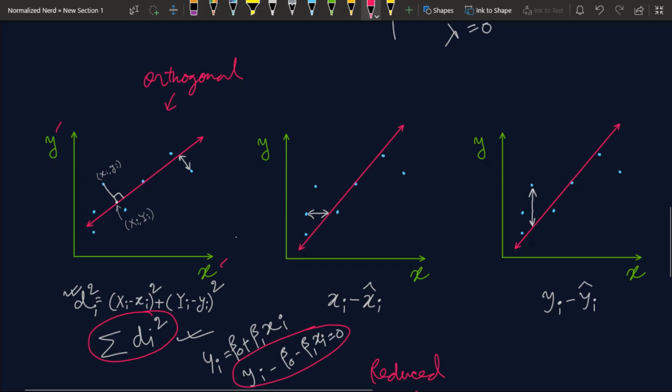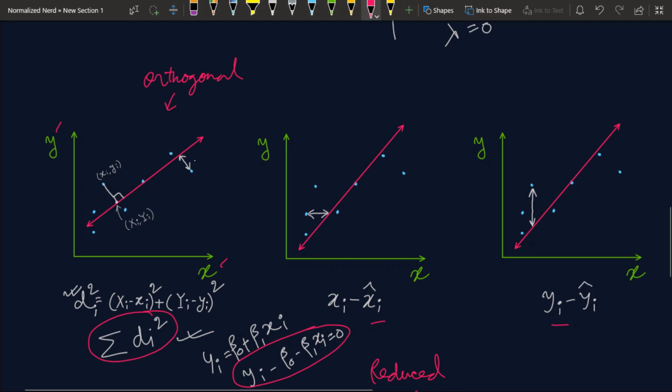And I would also like to mention one interesting difference between this orthogonal regression and our previous methods: in our previous methods, like Ridge, Lasso or OLS, if we would have considered y errors and x errors differently, then we would have got two different regression lines. That actually makes sense because in one case we are minimizing the y errors, but in the other case we are minimizing the x errors.